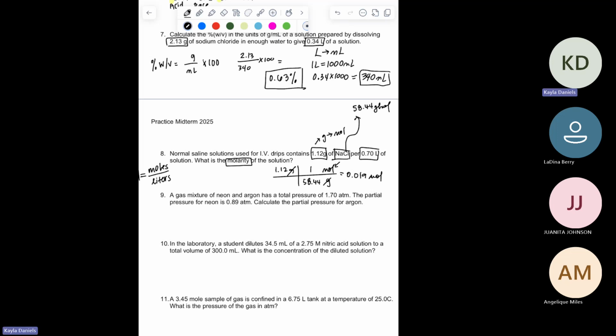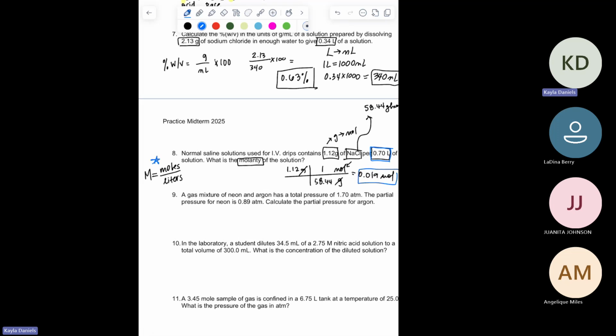All right. So I've boxed a lot of things, but let me go back over it. So I have my liters, and now I have my moles. So now I'm ready to put these two things into this equation over here. So I got 0.019 moles over 0.7 liters.